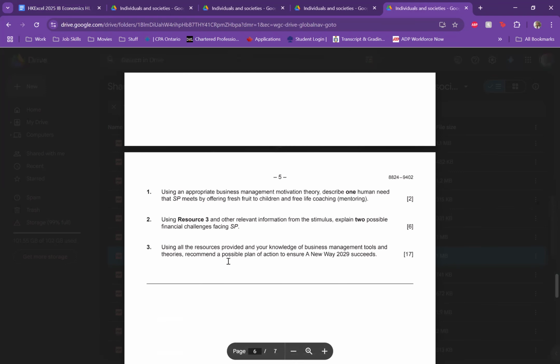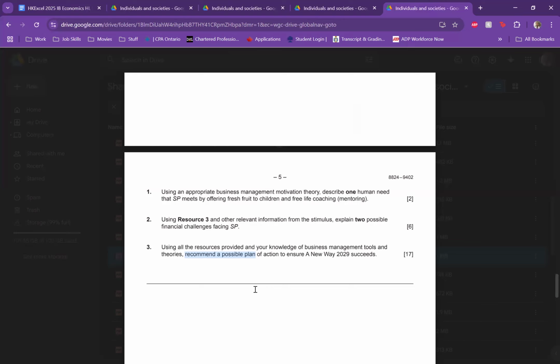Finally, read through the 3rd question, which is usually recommending a possible plan. So really, the question is to come up with a plan, come up with an idea, strategize what the business can do.